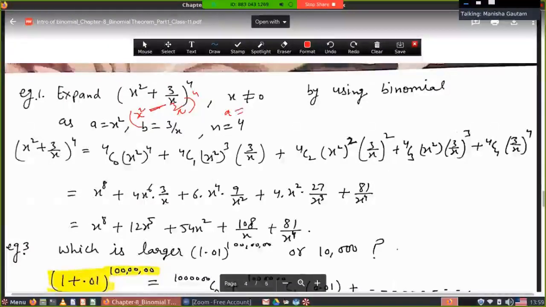Here a is x square and b is equal to minus 3 upon x. Remember it. You have to pick the sign along with the value. So if you write it here, the minus sign will be there if the statement is with the minus sign. Then simplify it, you will get the answer. A different answer will be there.